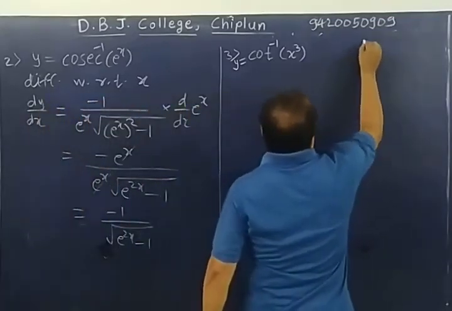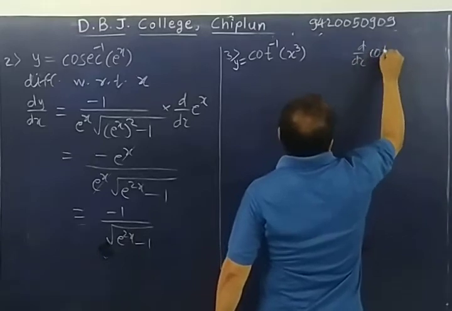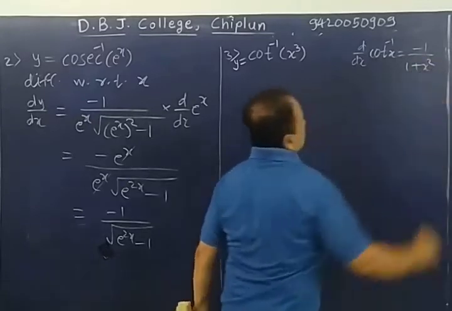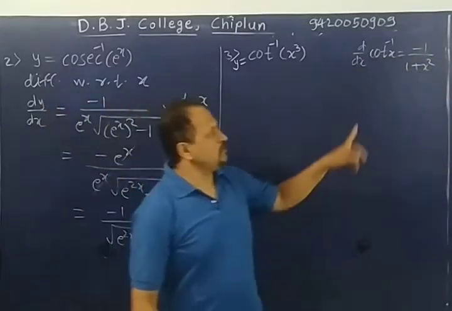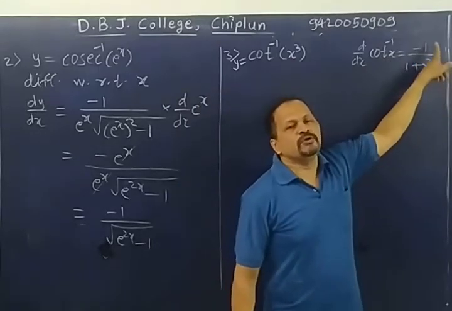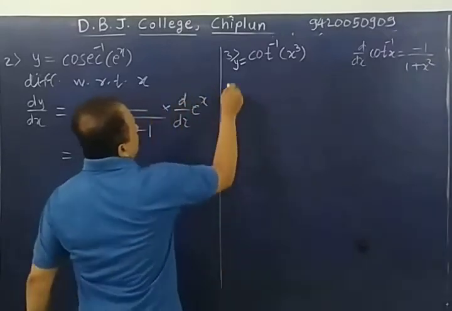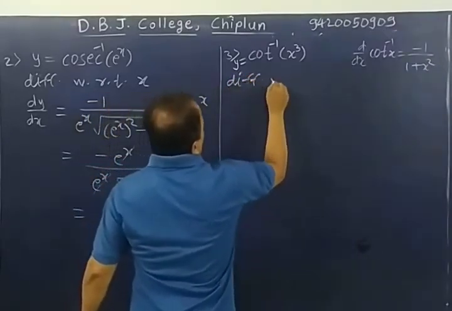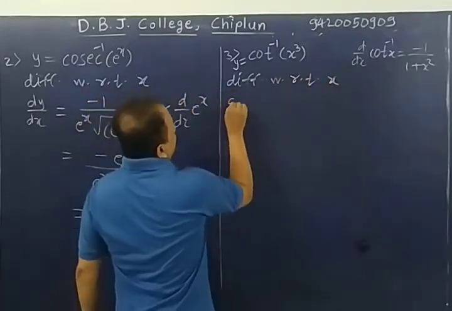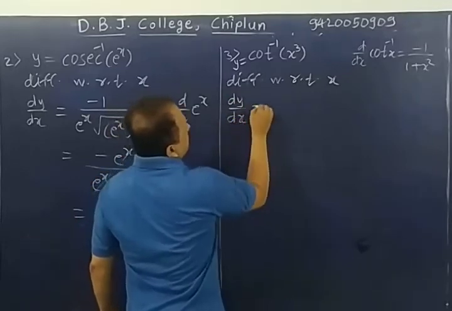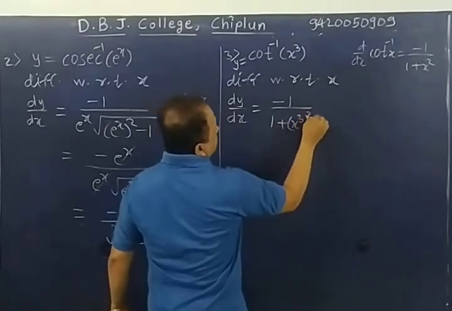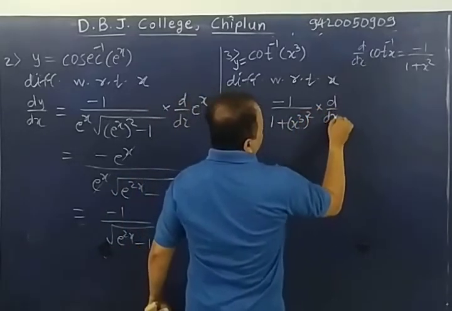We know that the derivative of cot inverse x is minus 1 upon 1 plus x square. So the derivative of cot inverse bracket is minus 1 upon 1 plus bracket square into the derivative of bracket. Use it here, differentiating with respect to x using chain rule. dy by dx is equal to minus 1 upon 1 plus (x cube) bracket square into the derivative of x cube.